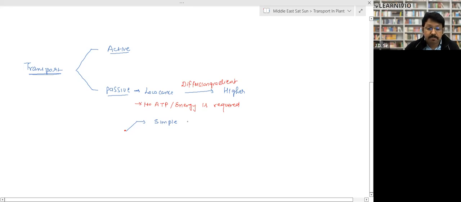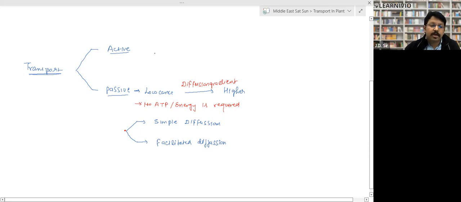So this may be simple diffusion, and the second process is called facilitated diffusion. So diffusion may be two types: simple diffusion and facilitated diffusion, right? And facilitated diffusion also has a further category.